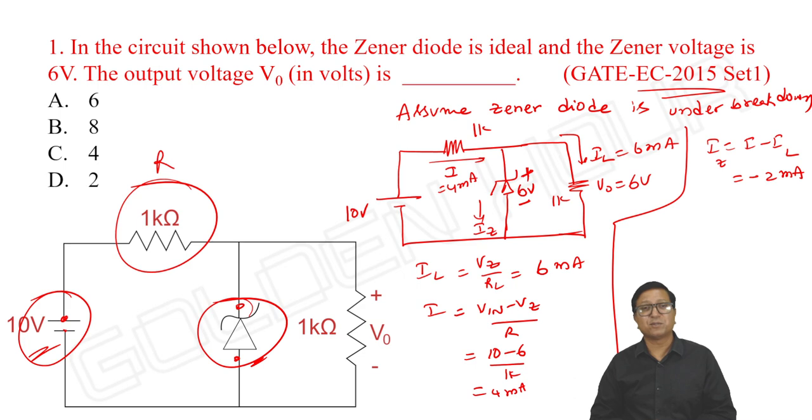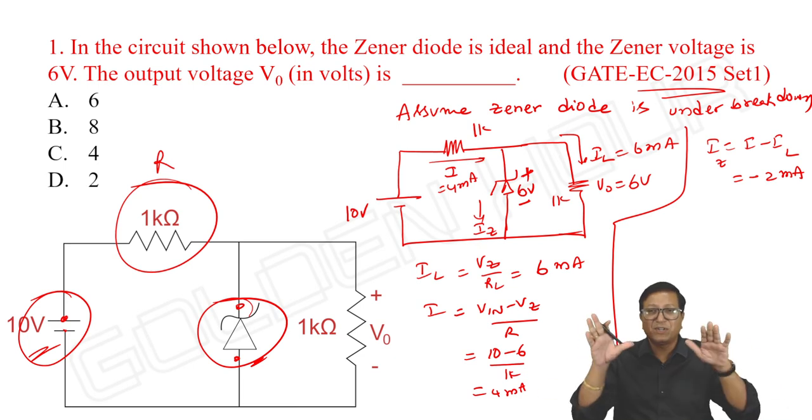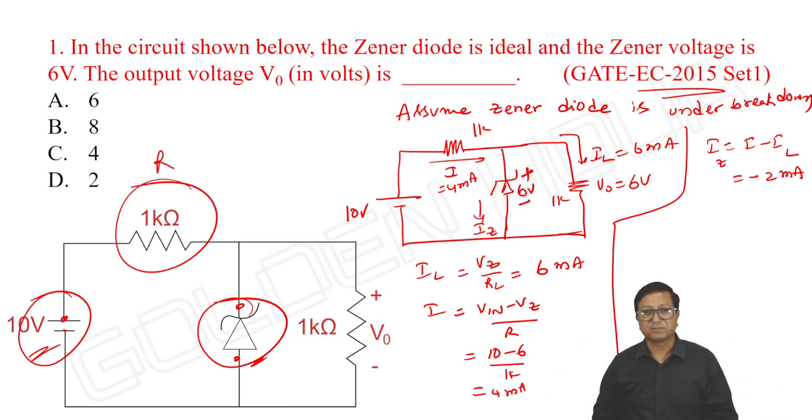Current through the Zener diode cannot be negative if it is under breakdown. Either it can be 0 or it should be positive if it undergoes breakdown. Means the Zener diode is not under breakdown.